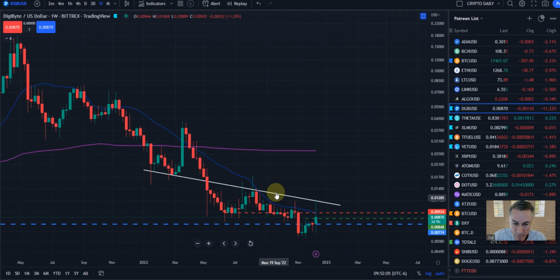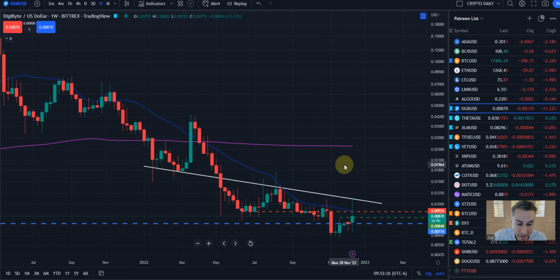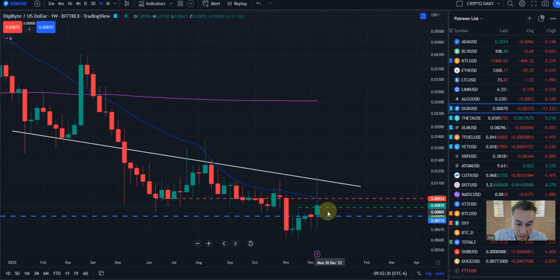Now, currently, let me pull this in so you can see it a little better. This consolidation zone, which was previous support, as you can see, as we pushed up, and then it came down into that consolidation zone again, and we're under that. So the red dash line is obvious resistance at this point. Now we do have a key level here at the green dash line that we really need to stay up and over.